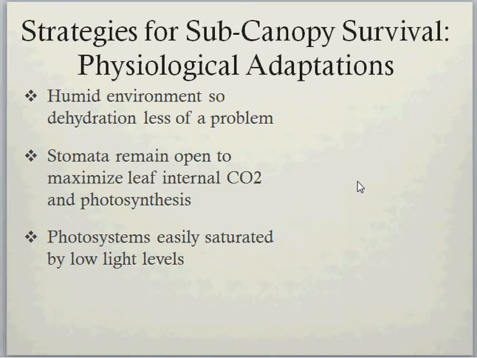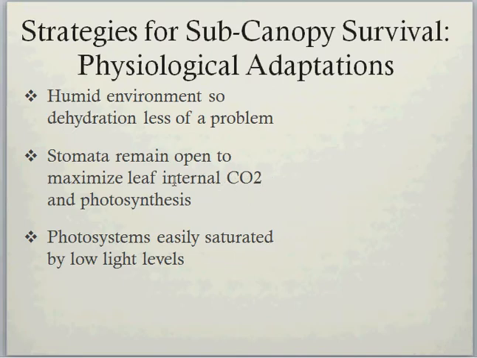If the stomata had to close to preserve water within the body of the plant because the humidity was lower, then the plant would tend to dry out, and it wouldn't be able to maintain a high leaf internal CO2 and therefore a photosynthetic rate. So humidity is very important to maintaining a positive carbon balance.